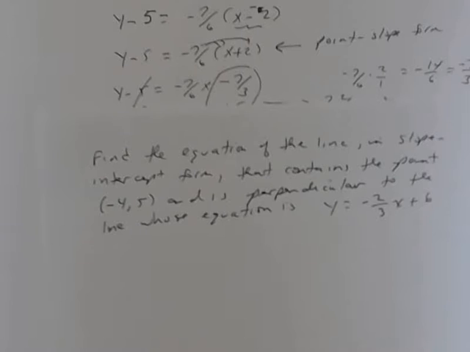So we're going to find the equation of the line that goes through this point, but is perpendicular to this line.